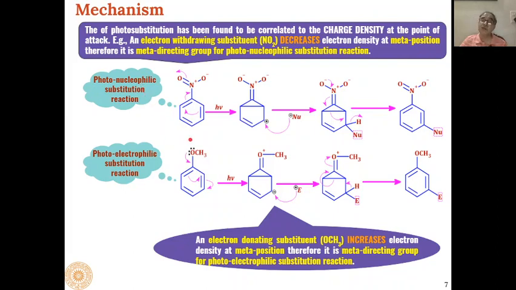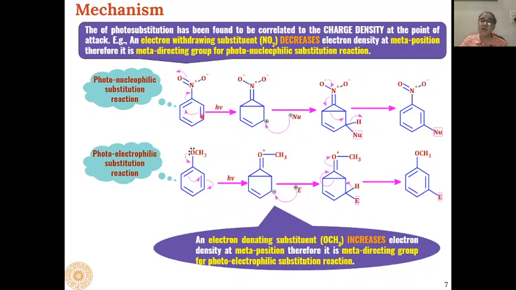So if we observe the first excited state in these cases, for example in case of nitro, when the ground state is irradiated and it changes into the first excited state, then this type of intermediate will be formed with the movement of the electron density like this.